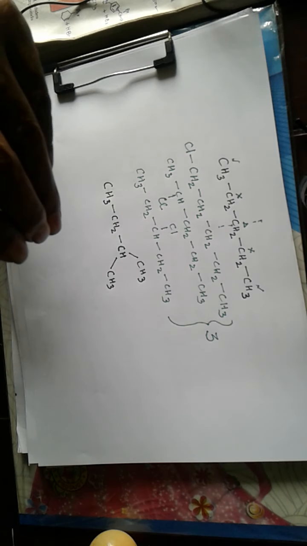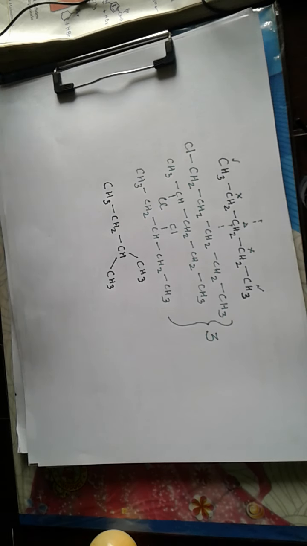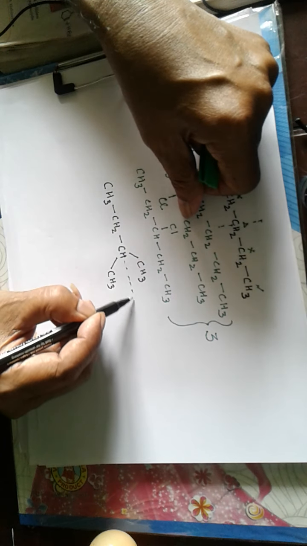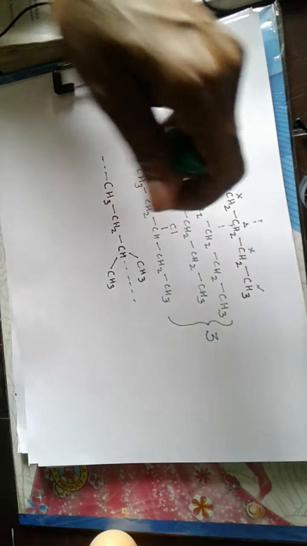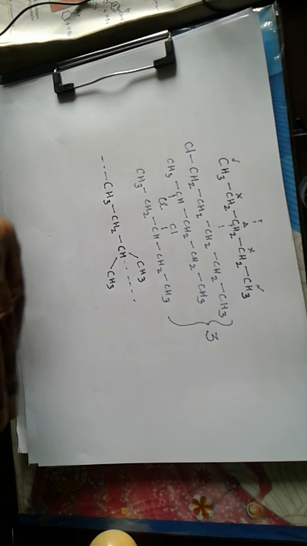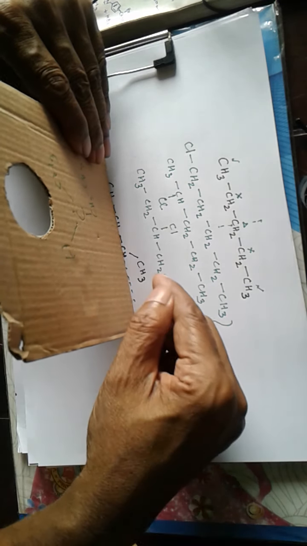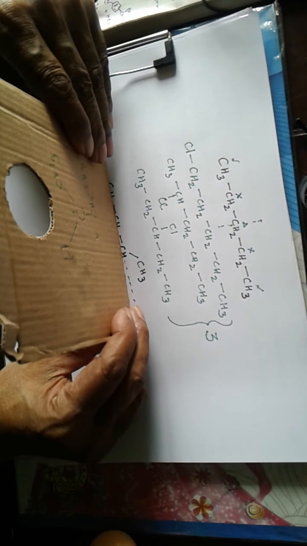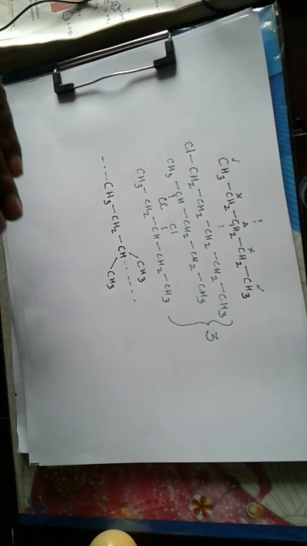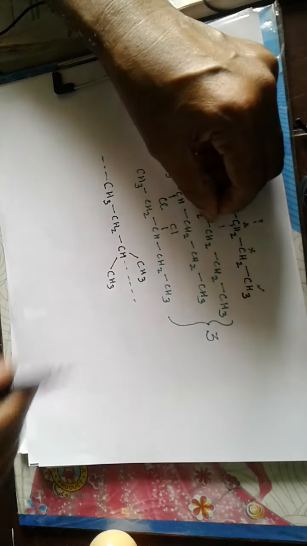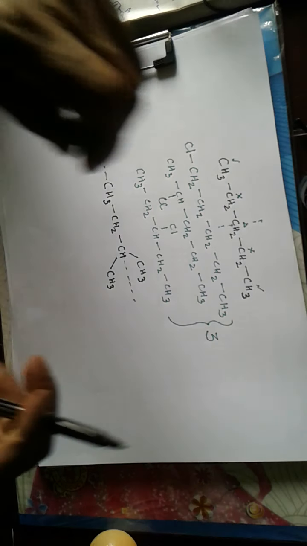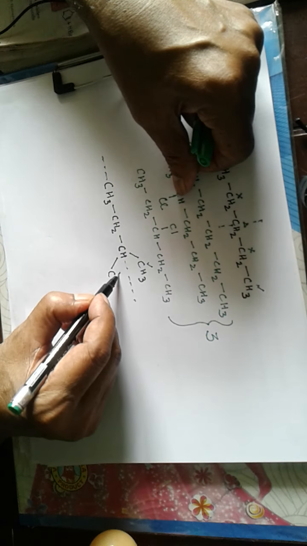Now this angle is 109 degree 28 minutes. Now place a mirror on the dotted line like this. Now you find this methyl and the methyl here are related as object and image groups. Hence these methyl groups are similarly placed this way. So these two methyls are similarly placed. So you show it by tick mark.